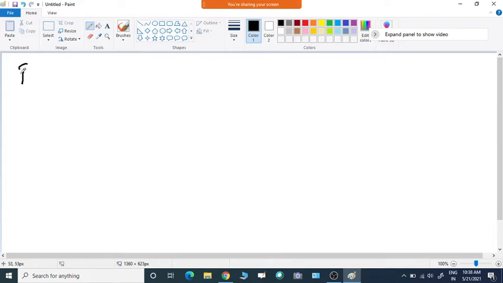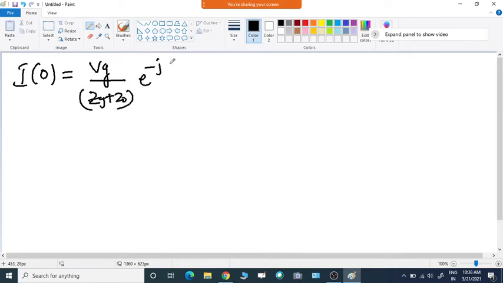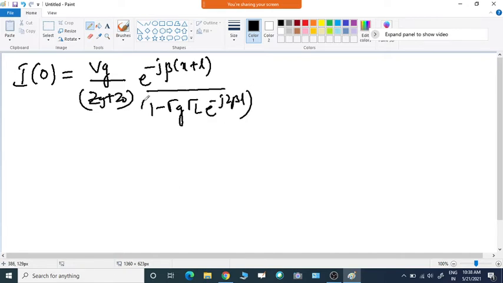So now we need to find out I of 0, which is equal to Vg by Zg plus Z0, there is no Z0 here, so e power minus j beta into x plus L, divided by 1 minus gamma g gamma L into e power minus j 2 beta L, this into 1 minus gamma L into e power j 2 beta x. So this is what I of x actually.